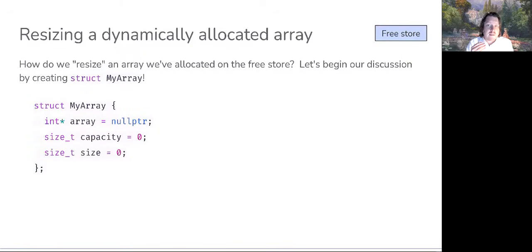So if we start out with a capacity of 5 and we haven't added anything into that array, size is going to reflect 0. The second we add the first element at index 0 to our array, size will increase by 1. When we add an additional element at index 1, size would increase to 2.